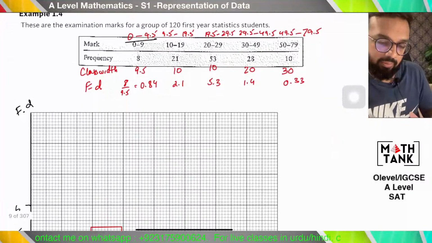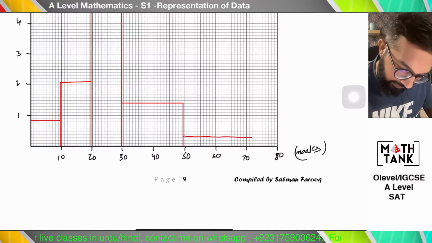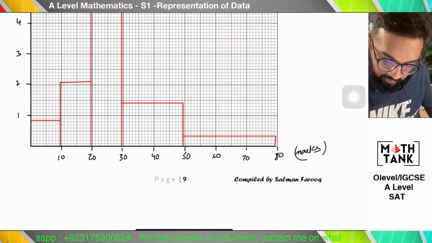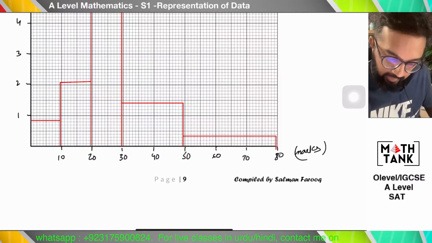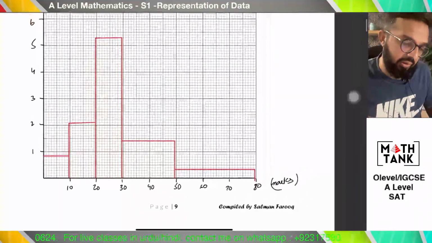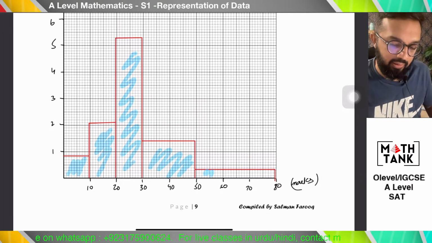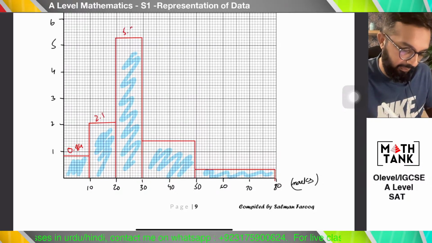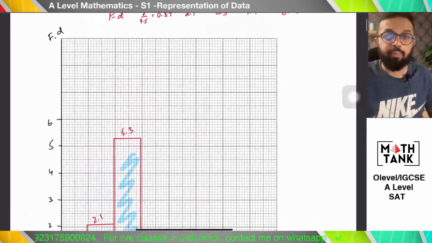And then 79.5 and 0.33. Okay, so that is what my histogram will look like. Okay. I can shade inside and then label the top of the bars as well. That's 0.84. Okay, and that should be my histogram.